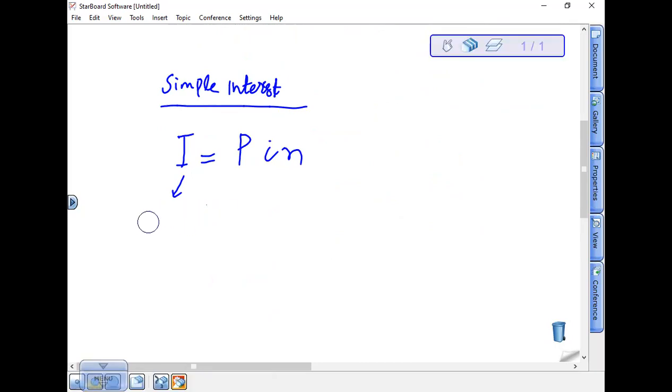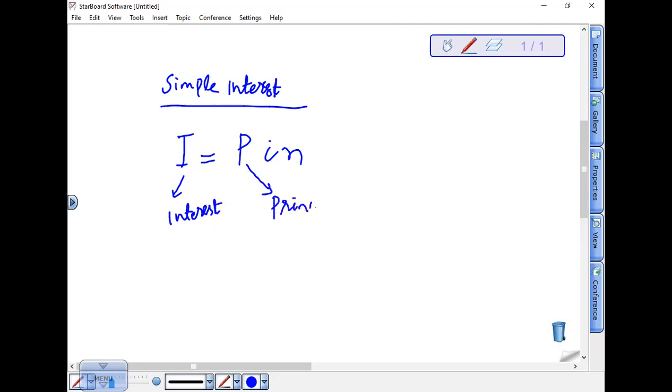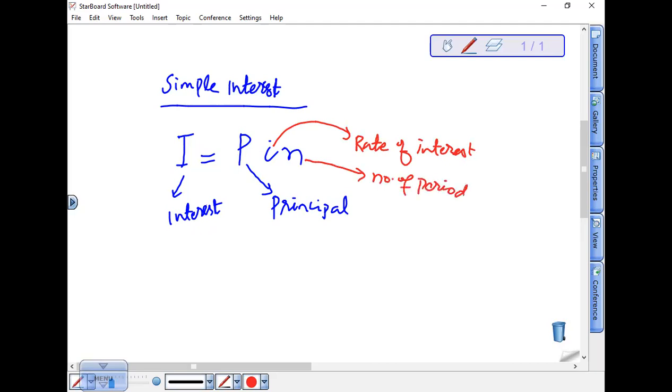P stands for the principal amount which you invest in a bank or any financial institution, small i denotes the rate of interest, and N stands for the number of periods. Let's put the values in the formula and see how it works.